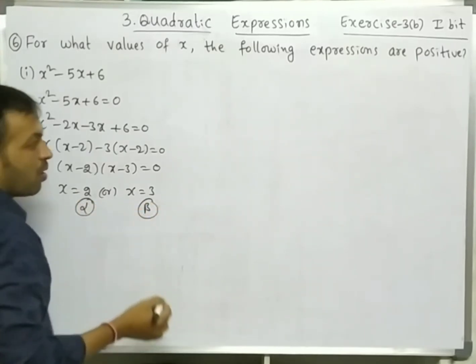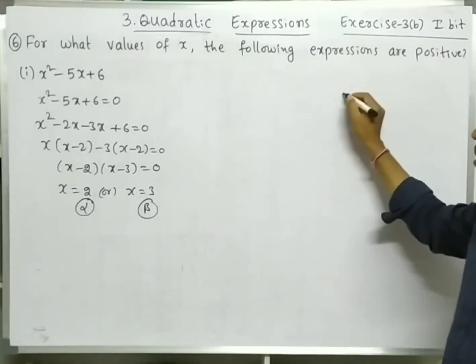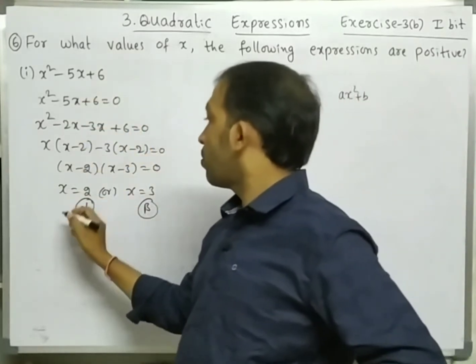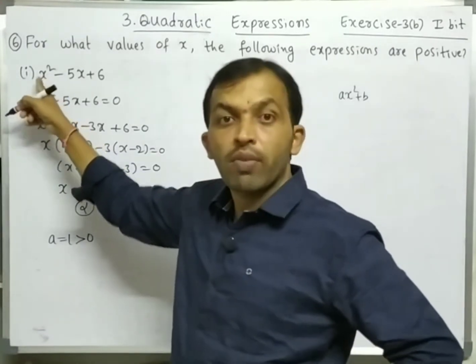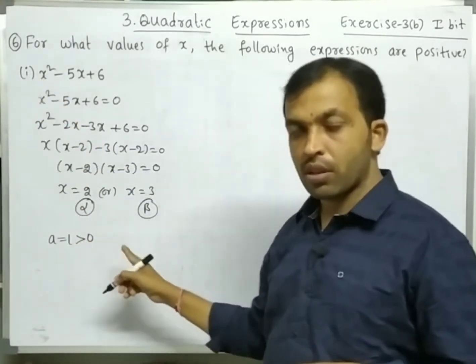Okay, in the previous problem we have seen that ax square plus bx plus c with discriminant positive, and the value of a is equal to 1 which is positive. The coefficient of x square is called a and a is equal to 1 which is positive.